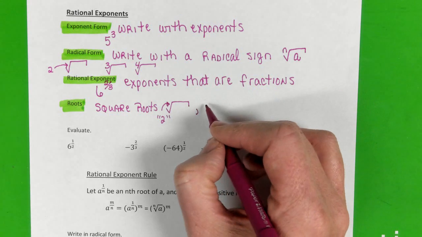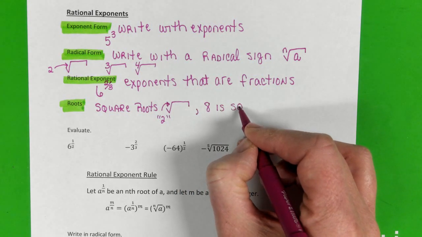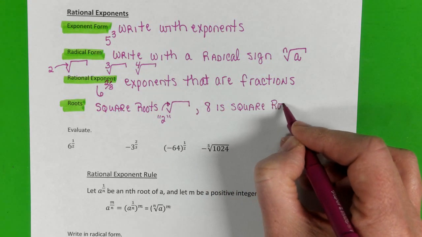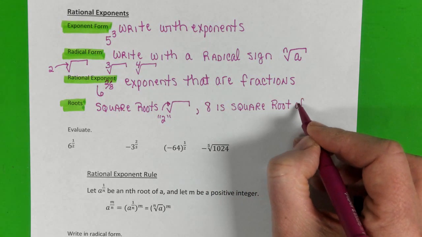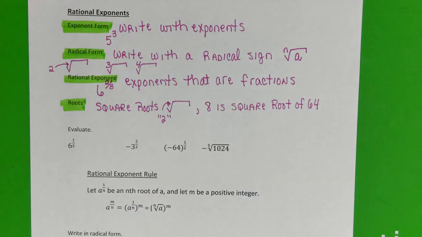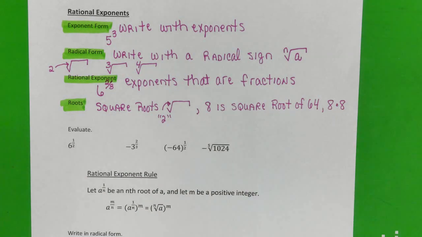Just to give us an example, 8 is the square root of 64. And the reason 8 is the square root of 64 is because 8 times 8 is 64, right?